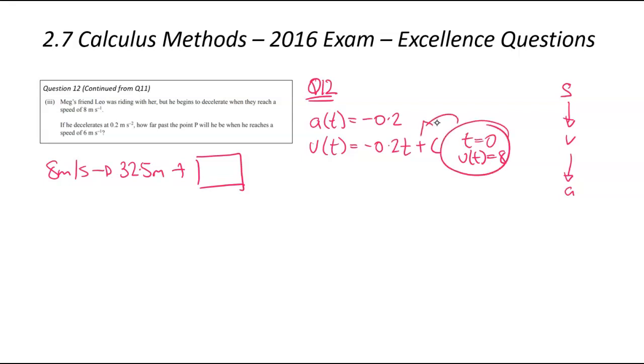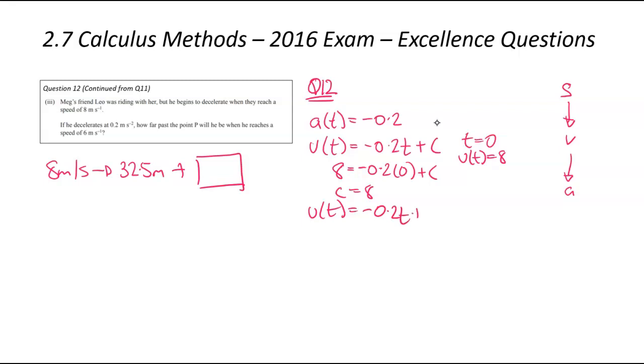We're going to substitute both of those back into the equation. So 8 is going to be equal to negative 0.2 times 0 plus c, which means c is going to be equal to 8. So our velocity has an equation of negative 0.2 t plus 8.